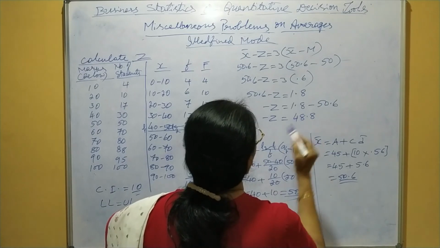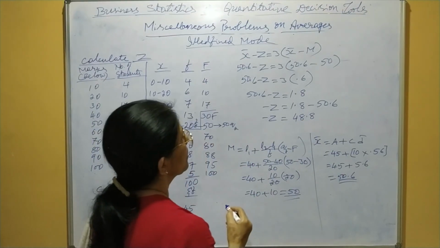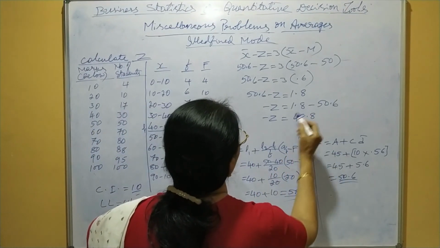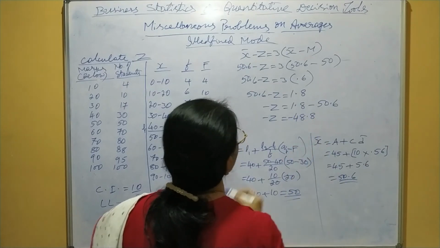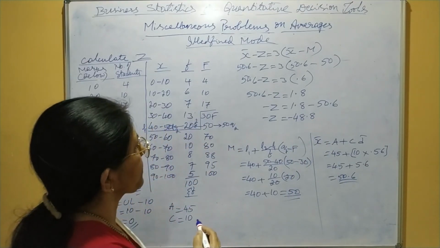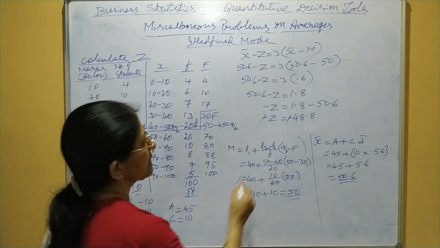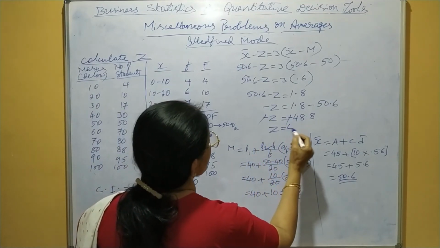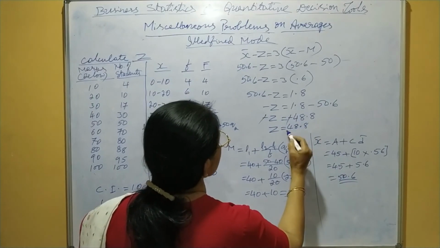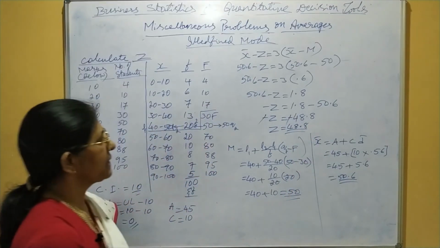That is 48.8, highest value sign is minus. Minus and minus will cancel, Z equals 48.8, isn't it?